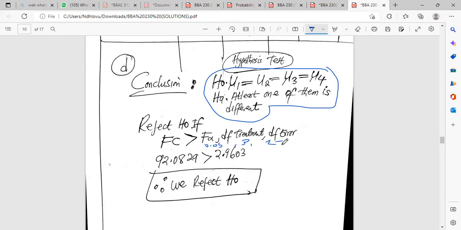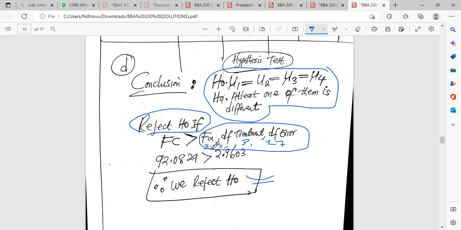So based on this, 92.08 is greater than 2.96. So therefore we reject H0. This is the rejection rule as we are looking at this one. So we have rejected H0. On the tables, we'll be able to show you thoroughly how we get these figures.